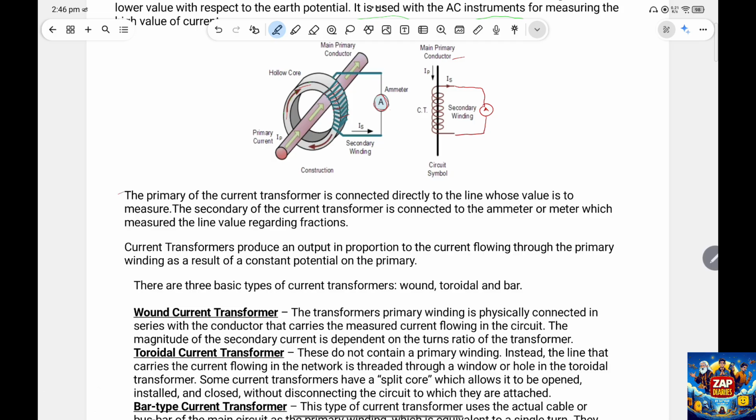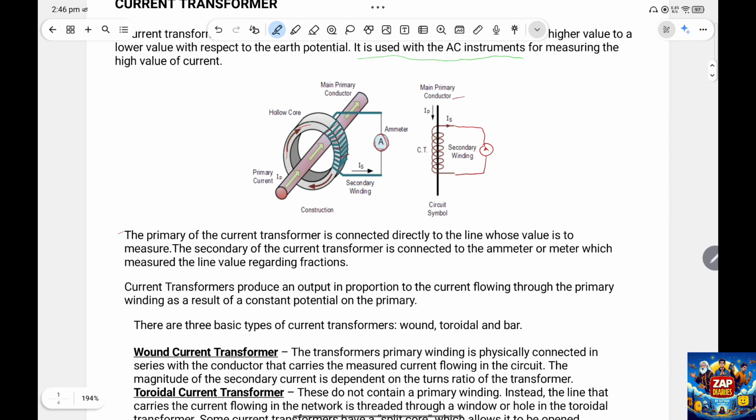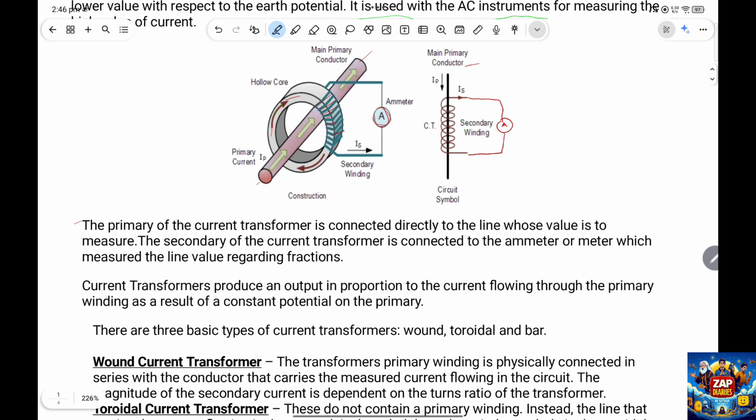The primary of the current transformer is connected directly to the line whose value is to be measured. So this is the primary, and a CT doesn't have a winding like a primary. This is the same conductor from which we want to measure the current, and it is directly taken as the primary, and it has only the secondary winding around this toroidal structure.